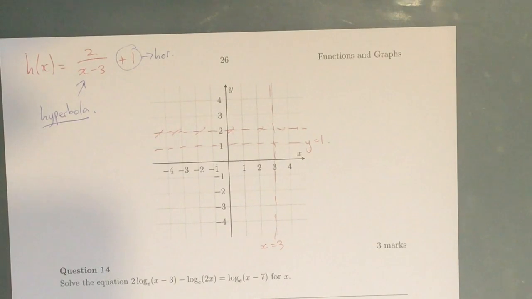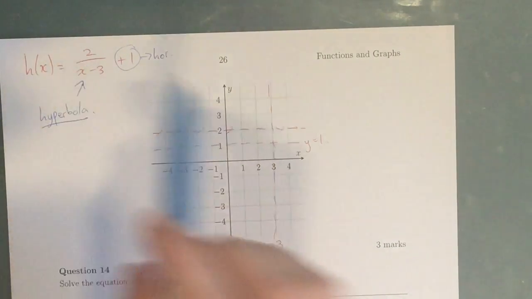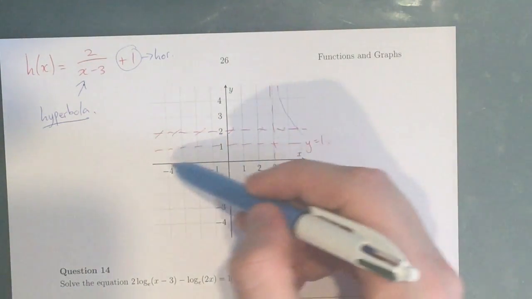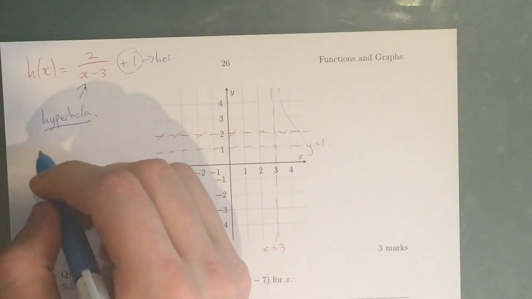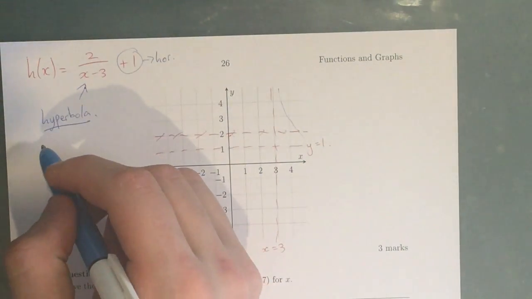Now you want to figure out what the graph's going to look like. Because it's a hyperbola and this number here is positive, the graph is going to come down here somewhere and somewhere down here like that. What we need to do now is work out our intercepts, because we also need to label those according to the question. We need a y-intercept and an x-intercept.